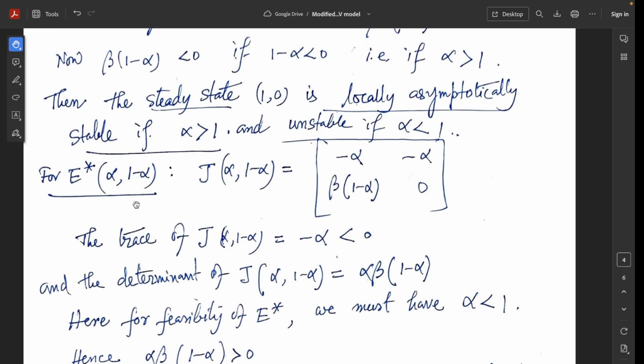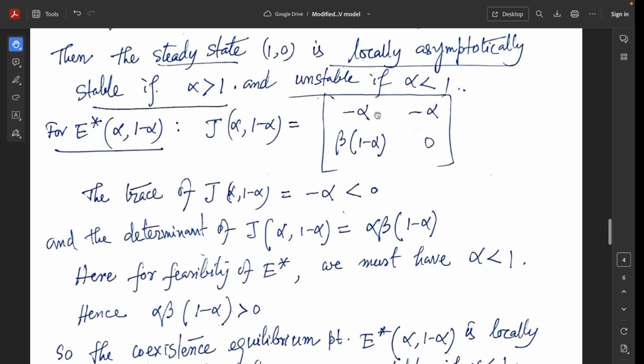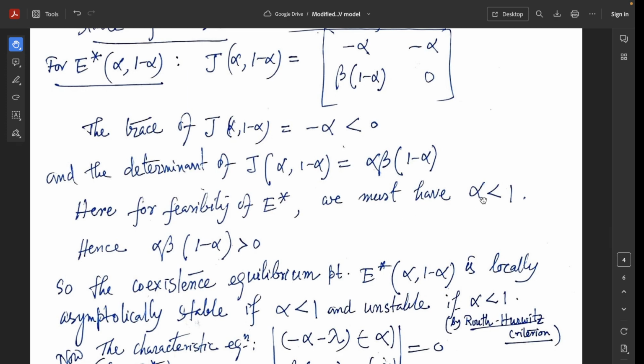Now, for the coexistence equilibrium point (alpha, 1 minus alpha), the Jacobian J at (alpha, 1 minus alpha) is this. Obviously the trace of J at this point is minus alpha plus 0, so it is negative. The determinant is this into this minus this into this, so alpha beta(1 minus alpha). For feasibility of E star, we must have alpha less than 1.